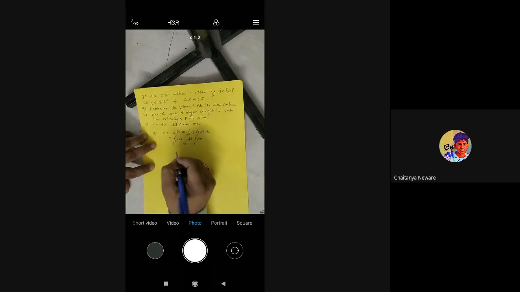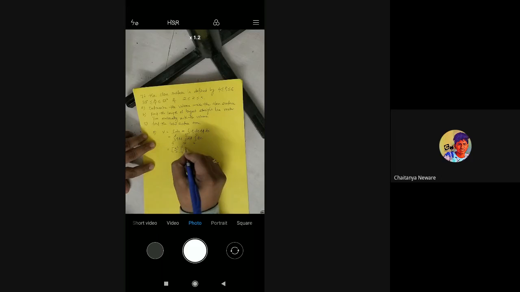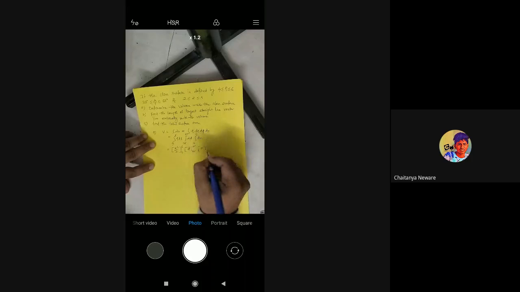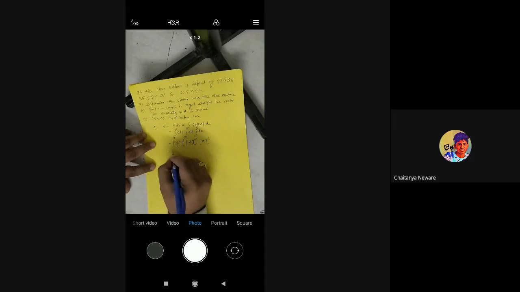So we integrate it. The integration of rho is rho square by 2, with limits 4 to 6. Then integration of d phi is phi, with limits 30 degree to 60 degree, and integration of dz is z, from 2 to 5. So we put the limits: (6 square minus 4 square) upon 2.